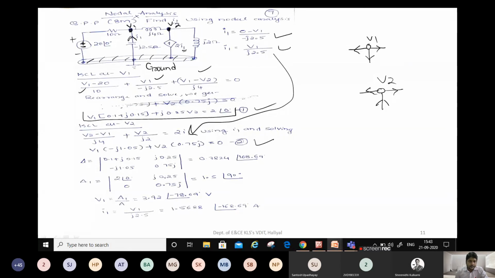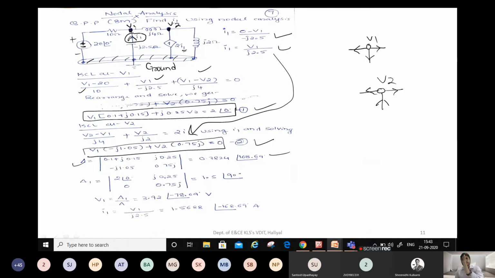This equation and this equation. Using these two equations, you have to again use the same approach. Delta, this is done for every problem. You have to find delta. Next, what is the requirement? We have to find I1.